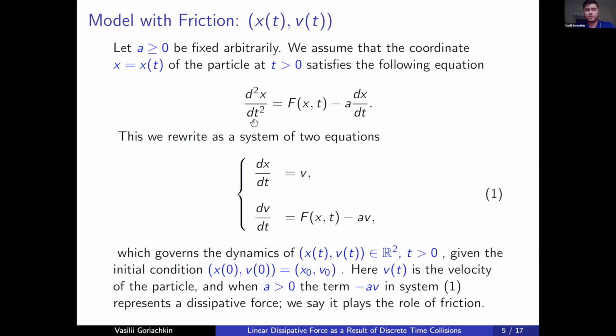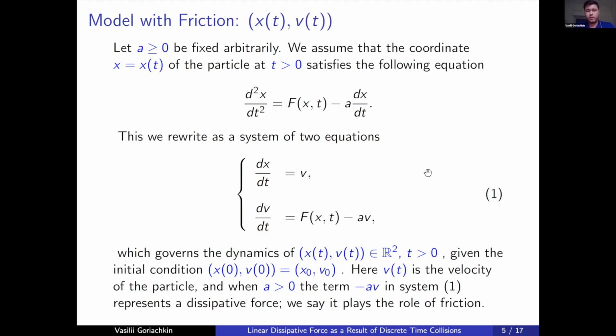This term is just acceleration, which we should multiply by mass, but as I said, the mass of the main particle is equal to 1. We can rewrite this equation as a system of equations. Here minus A times V represents the friction force. We want to consider this problem with different external forces F, in different cases.